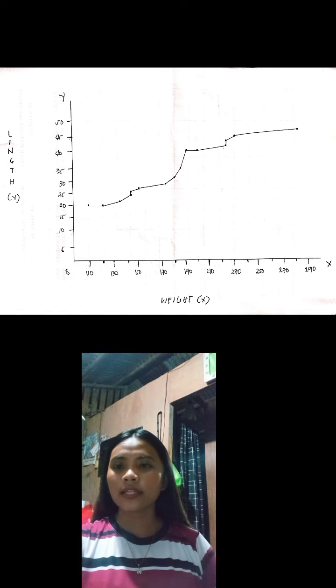So the class interval of our y in the graph is only 5. And for our x, as you can see, 110, 130, 150, up to 290, so I put 20 as the interval for our x.